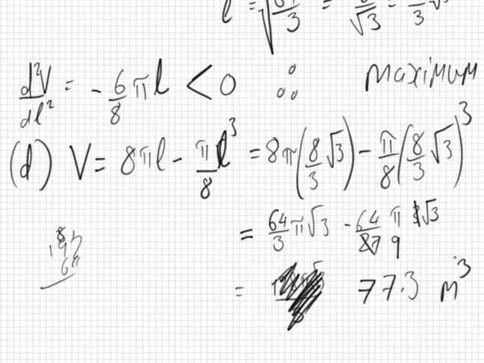Now let's look at B, number 2. This should look familiar. A shopkeeper sells DVDs. When the price is 12, he sells 240.